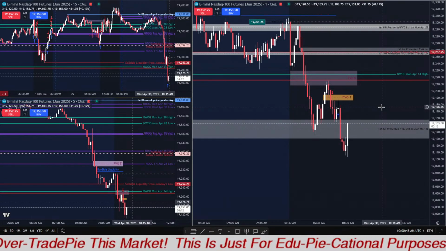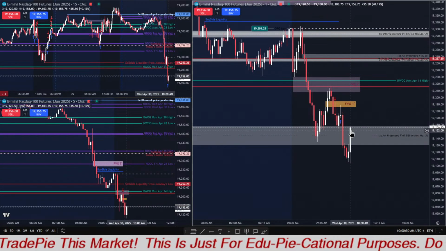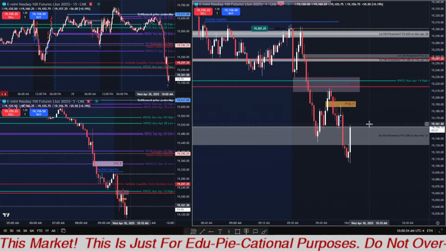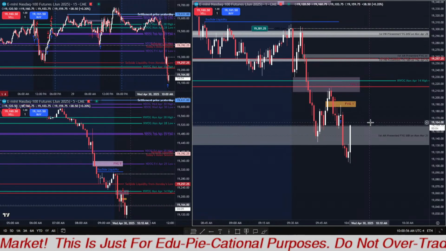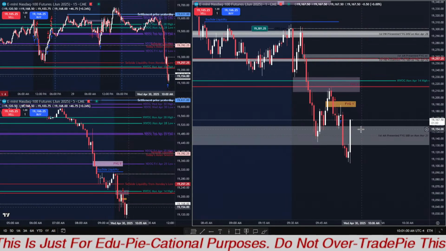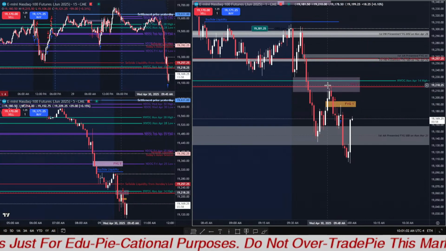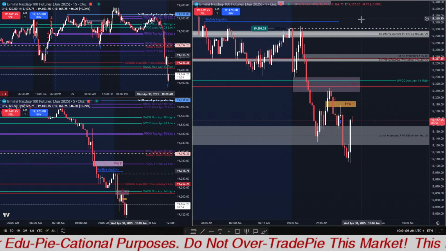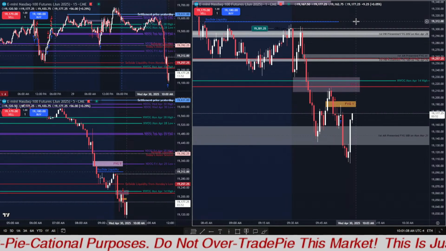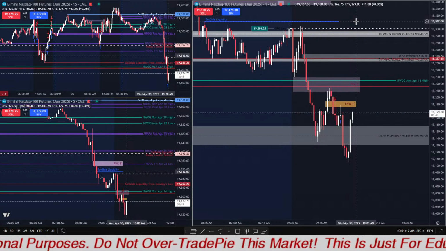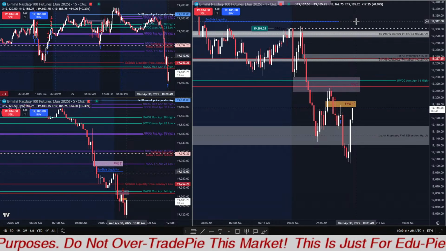Now to me it makes more sense if we go above, and then here we use a kind of breaker block, as these candles over here, to send price higher to this buy side liquidity over here. This is my trade opinion that I'm waiting for.